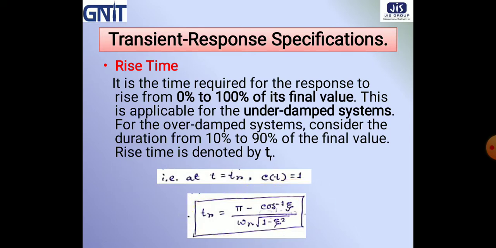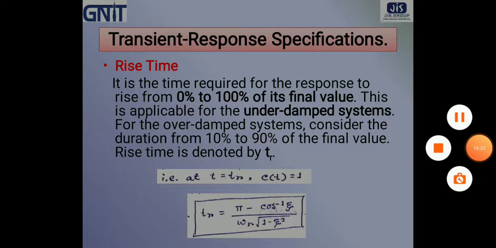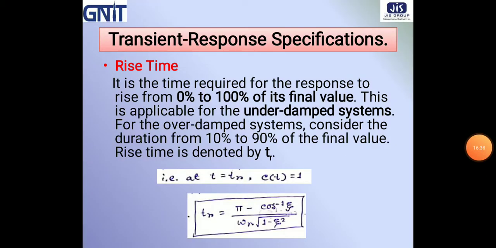Tr, that is rise time, is equal to (pi minus cos inverse zeta) divided by omega n root under of 1 minus zeta square. That is our rise time. So this is very important, which we have to keep in mind for our examples or problems.